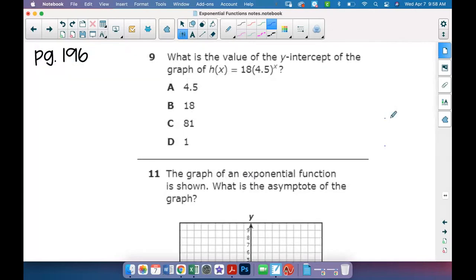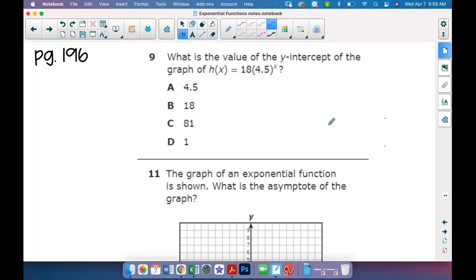Number 9. What is the value of the y-intercept of the graph of h of x equals 18 times 4.5 to the x power? Okay, so the y-intercept is going to be the same thing as the initial amount.